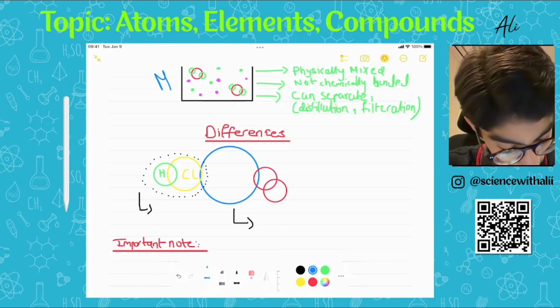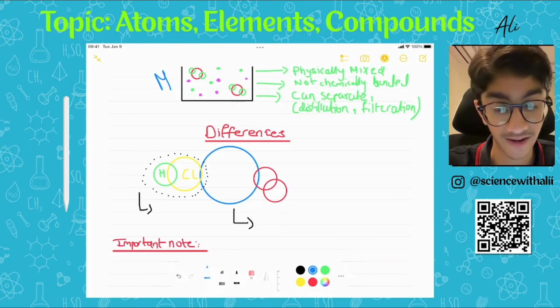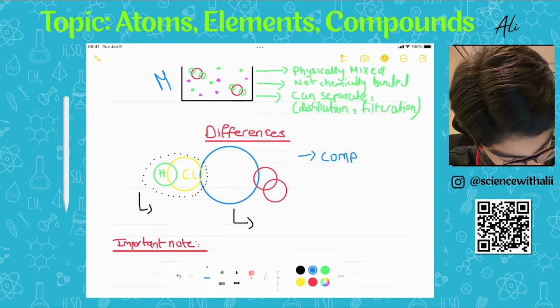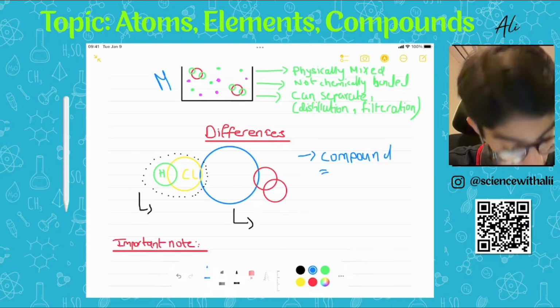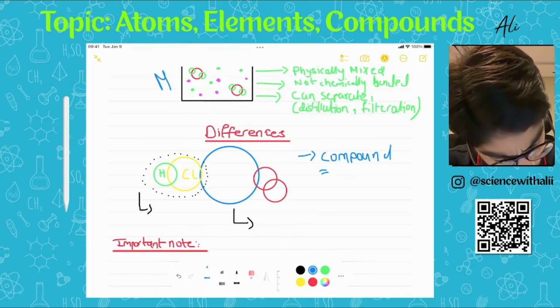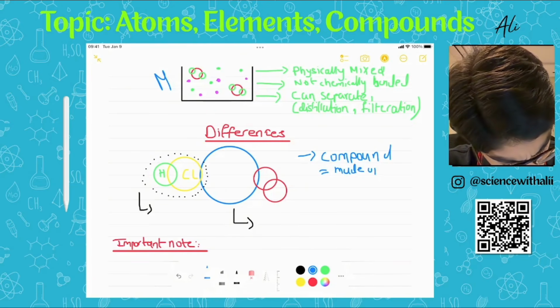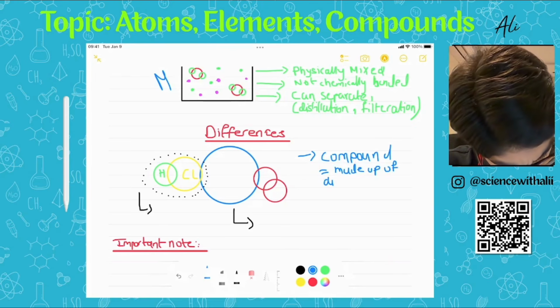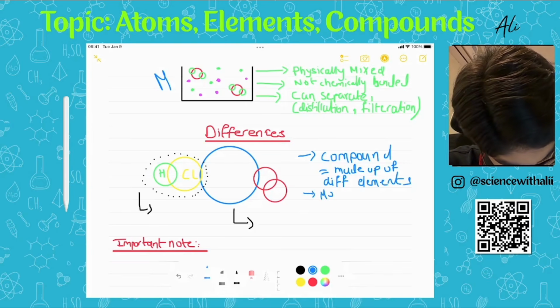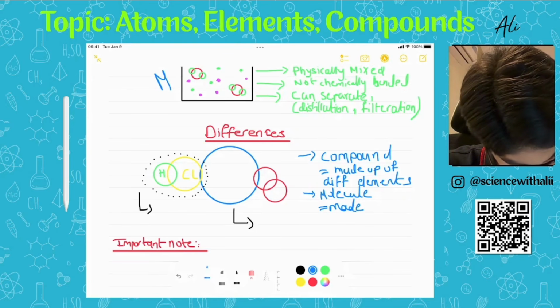Let's write this down. I think this is a bit confusing, and I didn't clarify it that much. So a compound is basically, we can say that, compounds refer to molecules made up of different elements. And a molecule is made of the same elements, right?